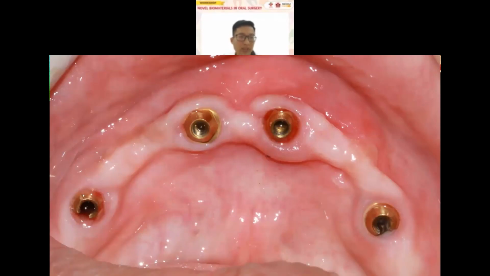This picture explains why in almost 100% of my implant cases, I want to have keratinized tissue around the abutment. The patient came back after 3 years of the final prosthetic, and you can see the result is very healthy mucosa around the implant.